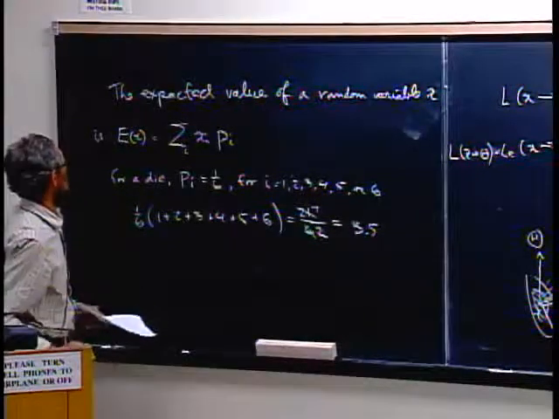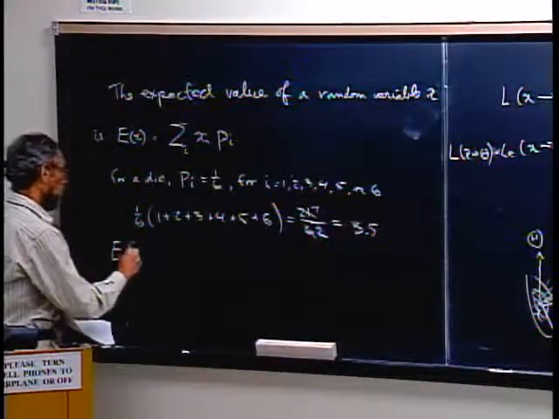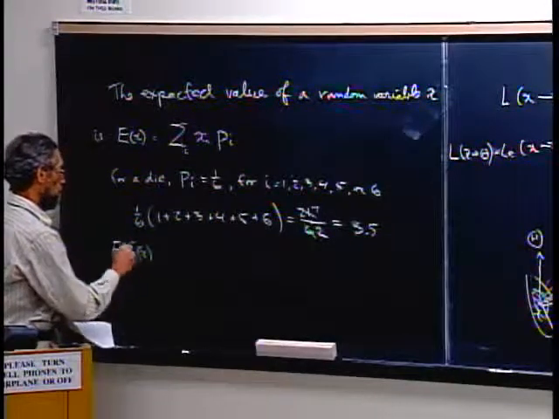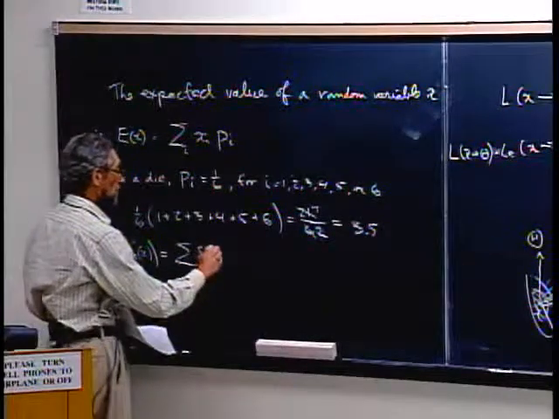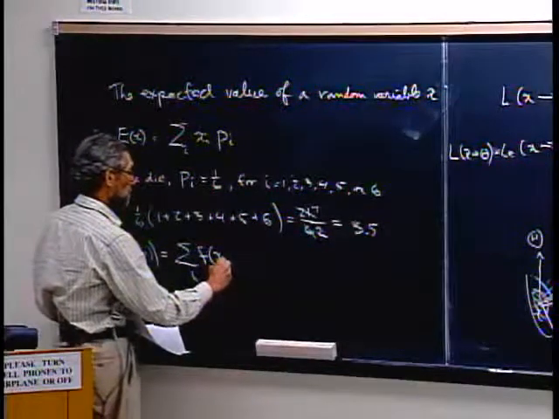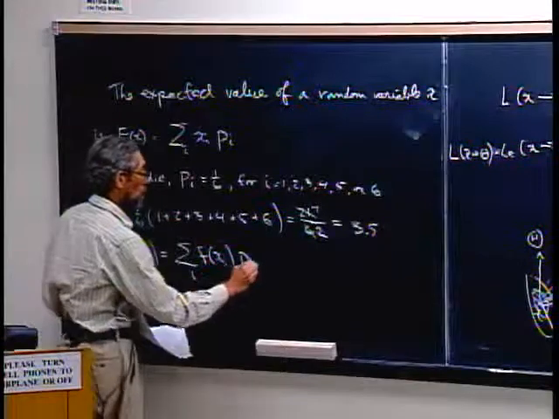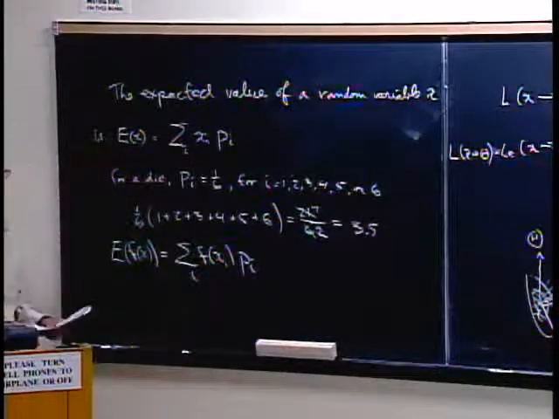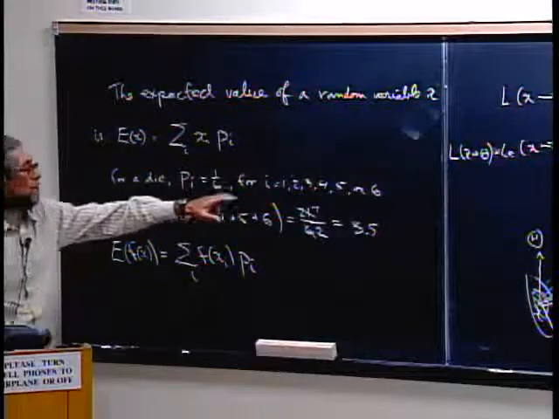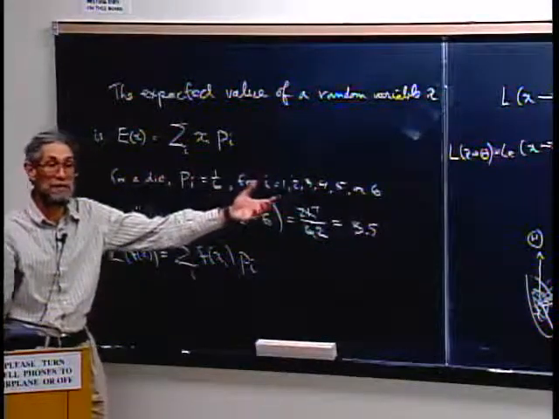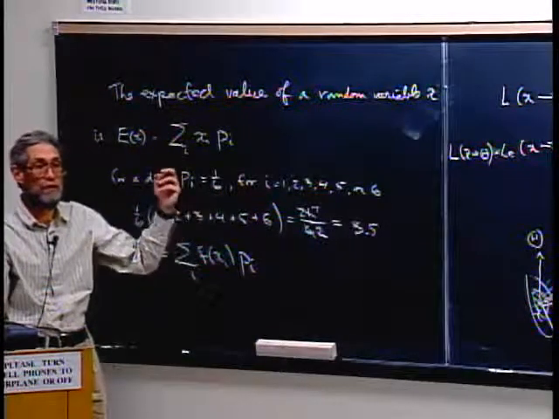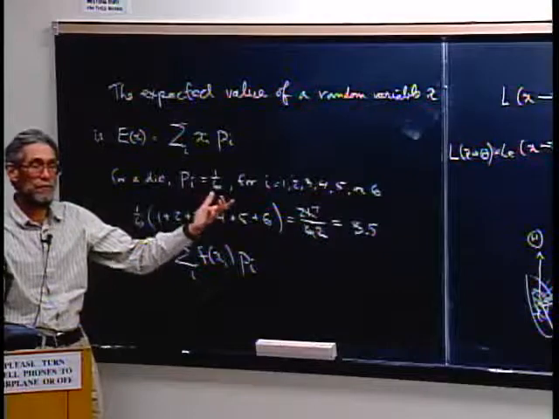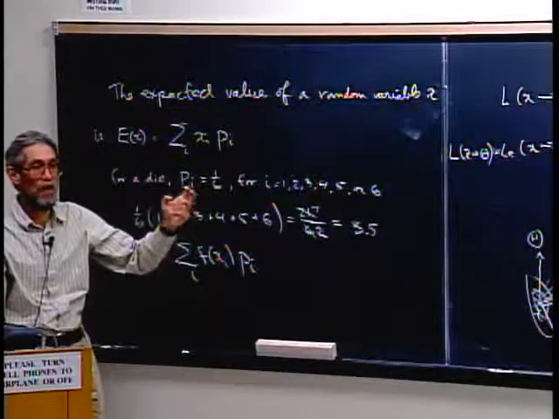And similarly, we can have the expected value of some function of a random variable. And that's the sum over i of this f of x_i, times the probability of i. Right, so suppose you had 6 faces, but instead of numbering them from 1 to 6, you numbered them 5, 7, 12, 13, 27, and 91.